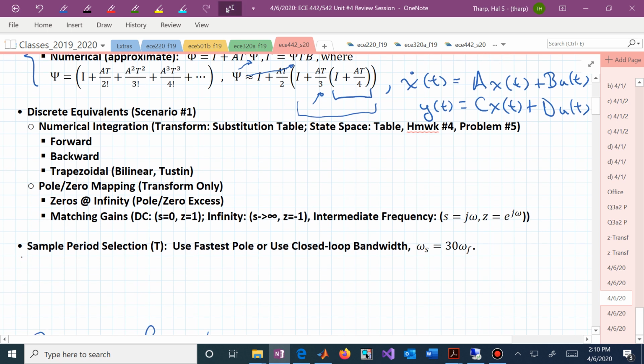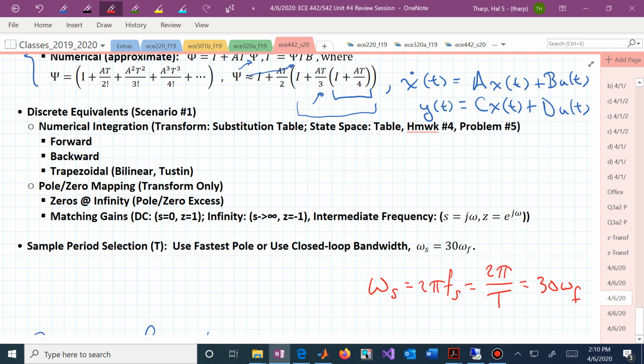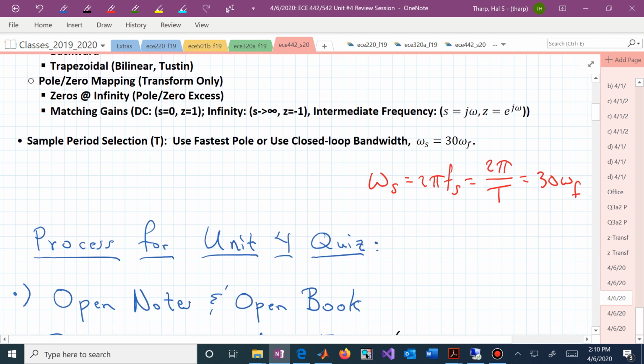And now omega sub s is 30 times that, where omega sub s is also 2 pi f sub s, or that's now 2 pi over capital T. This you can now set equal to 30 omega sub f and solve for T to find your sample period that you want to use in making this continuous to discrete approximation.